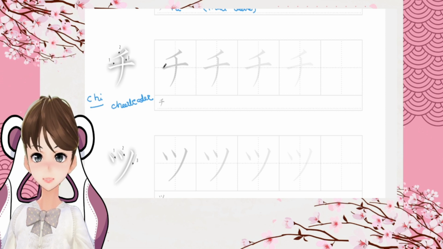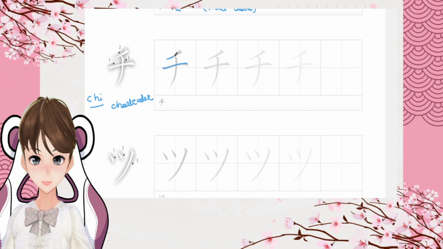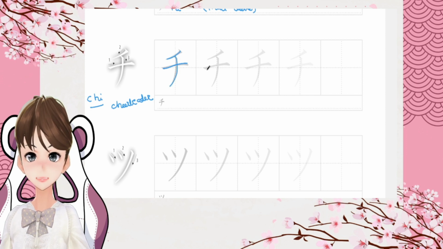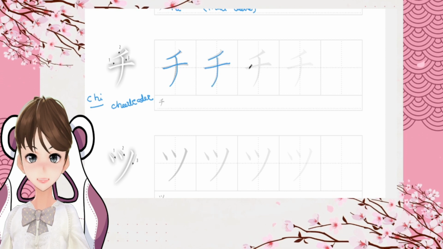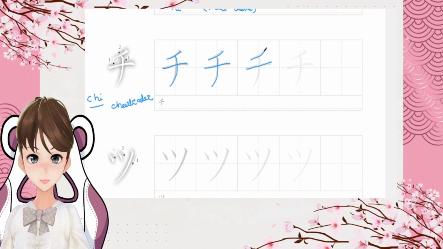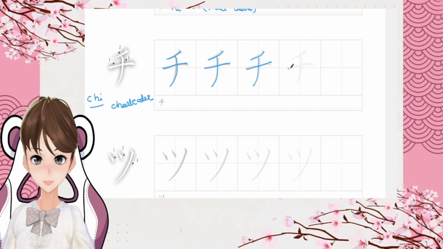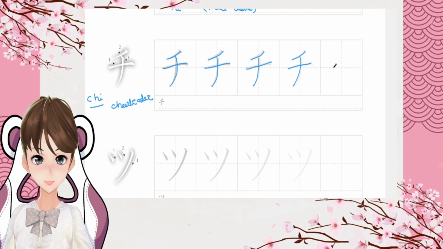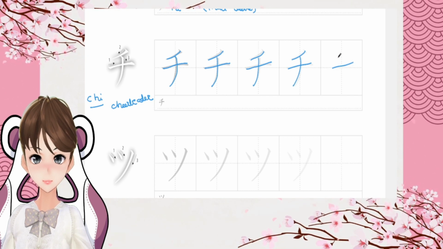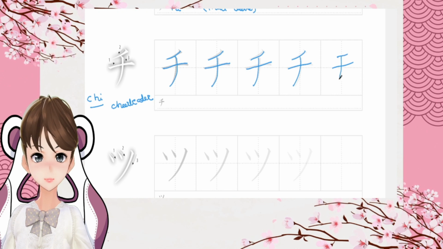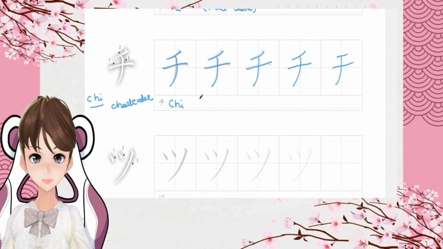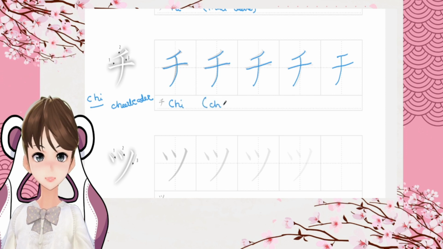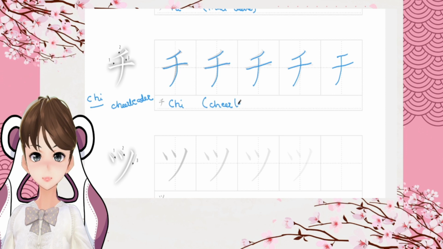The way we write this is 1, 2, 3. So this is the chi character, and it almost looks like a cheerleader.